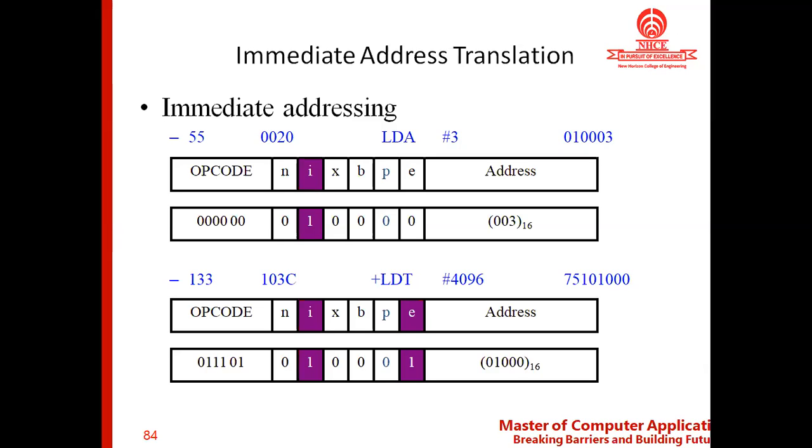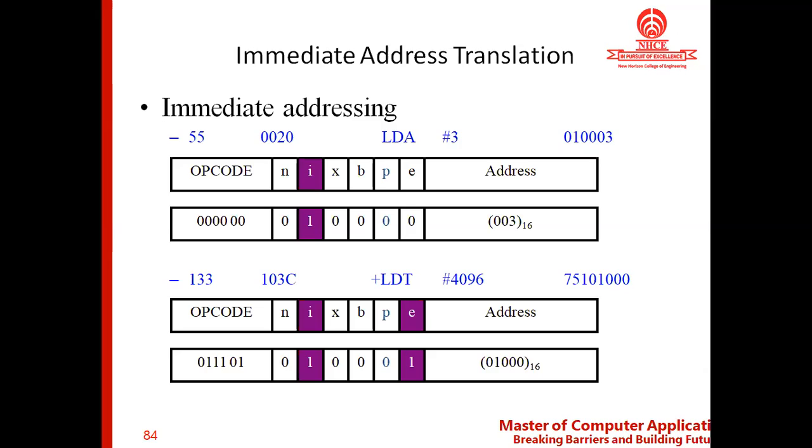You can make out the difference between these two instructions: one follows format 3 and the other follows format 4. In line number 133 the instruction follows format 4, whereas in line number 55 the instruction follows format 3. Since we have the plus symbol in line number 133, it follows format 4.